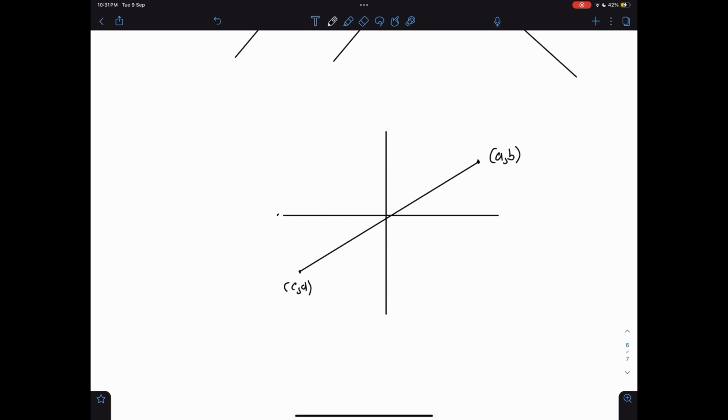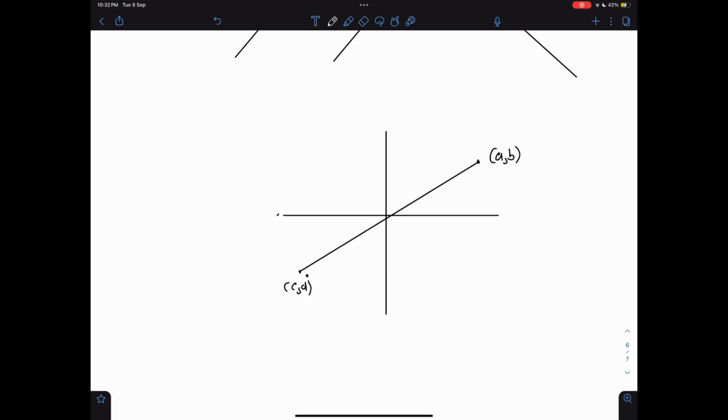If we just made both of them negative, so we went that down here, and then that up here, it doesn't look all that perpendicular, does it? It doesn't turn at 90 degrees.